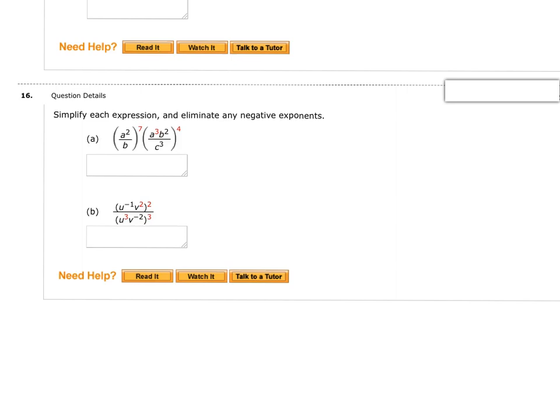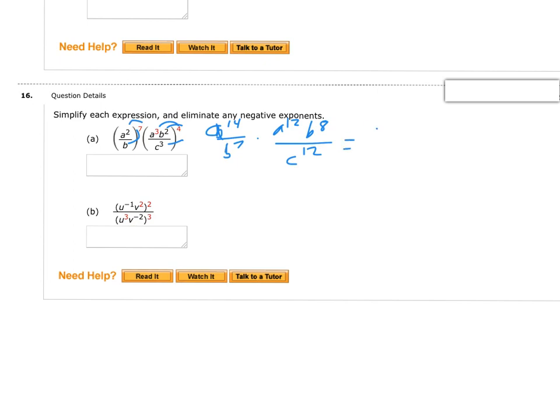All right, next up here, I'm first going to send in this exponent and multiply everything in there. So that's going to be b to the 14th over b to the 7th, and then I'll do the same thing here. So that'll be a to the 12th, b to the 8th, and then over c to the 12th. So now I'll either battle or combine forces.